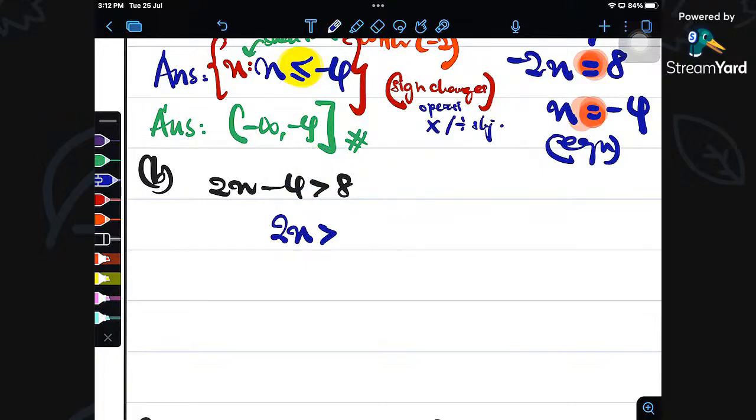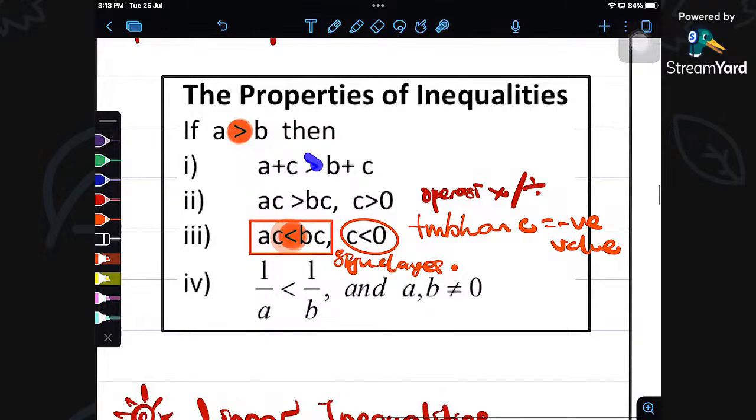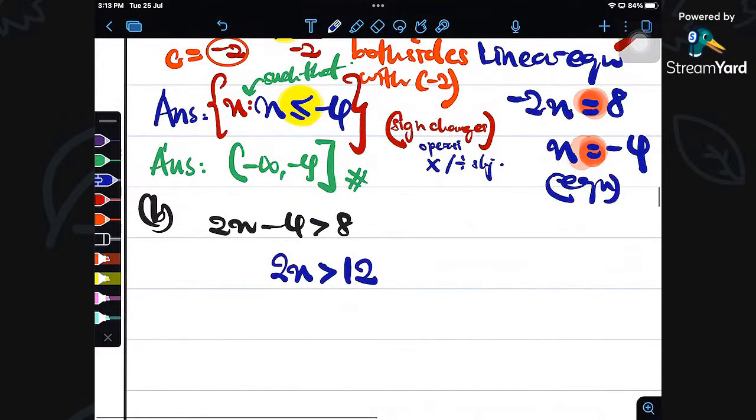In this case, we don't need to write 8 plus 4, we just write 12 directly. Okay, so when you add or subtract, the sign is still the same, because according to the properties, if we add, the sign does not change. So now we need to find the value of x, where x will be greater than 6.